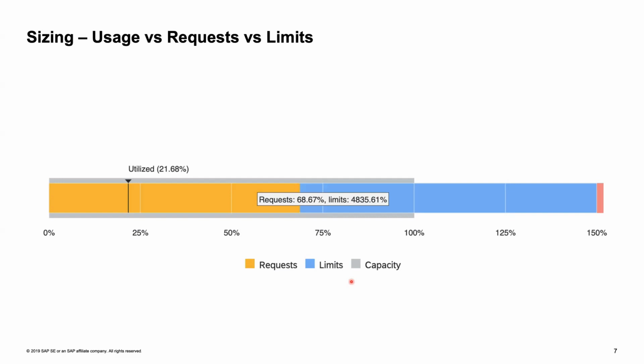If that's the case, then you should definitely go back and resize or set up the correct requests for your applications so that they don't clash. But essentially, it's fine as long as not all applications start consuming that many resources at the same time, because limits are something that an application can go up to, not that it must go to. That's very important to understand.